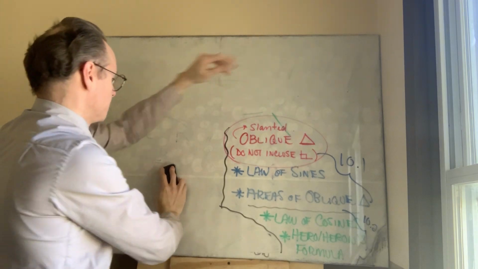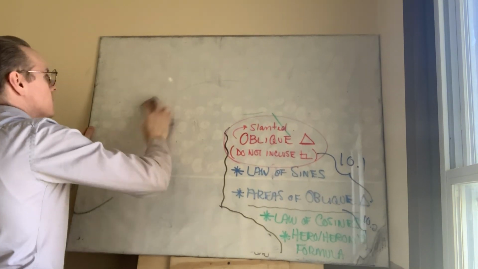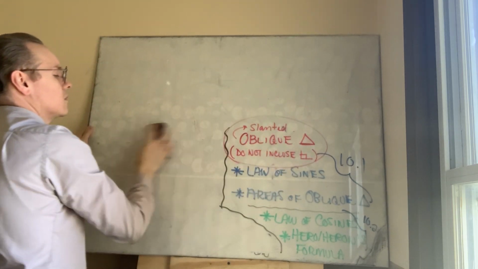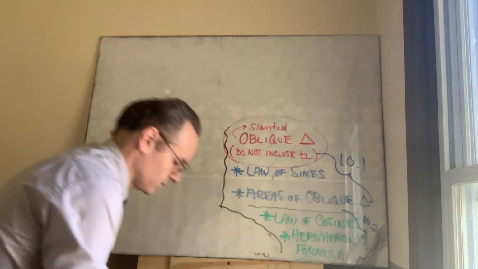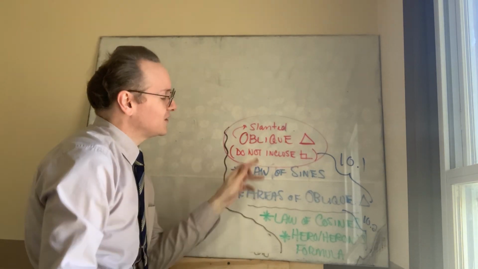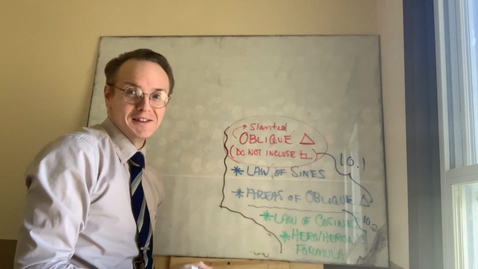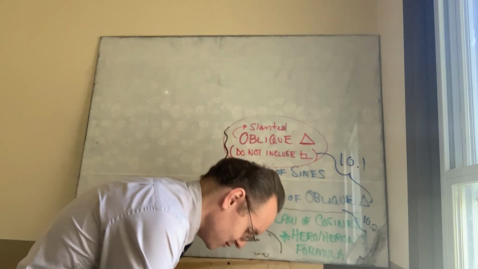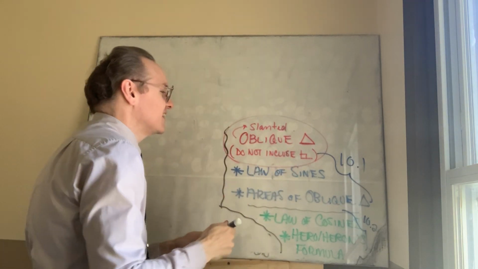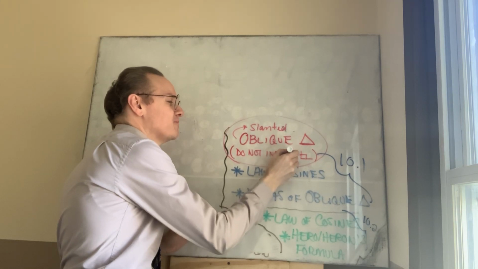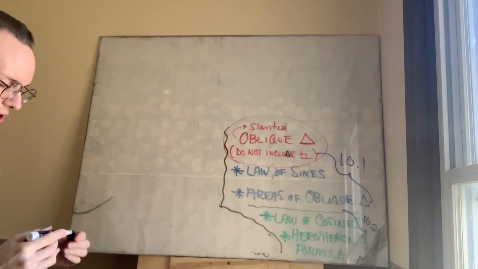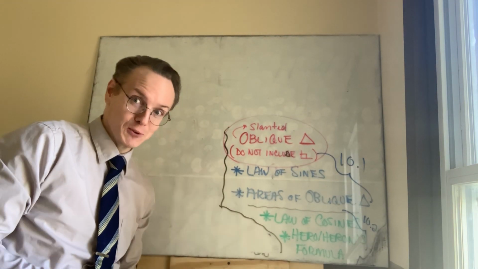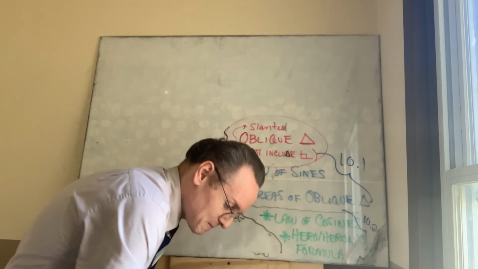And I'll put it up here. I just noticed I put "includes," which is not a word. "Include." Good grief, Charlie Brown. Include. They do not include right angles. They do not include either, or vice versa.